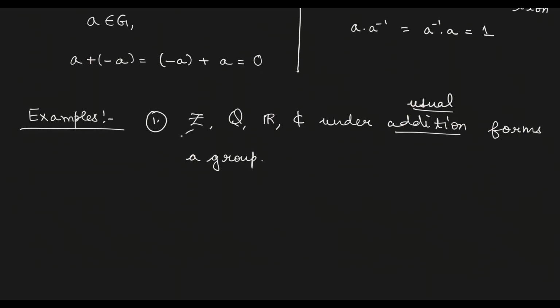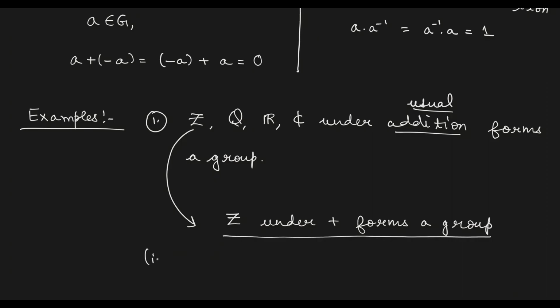So this one I am verifying. Z under addition forms a group. So what is the first property? Closure. Just a minute. Usual addition means, एक बार दोबारा बताना.